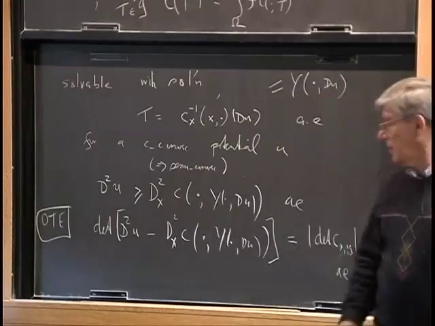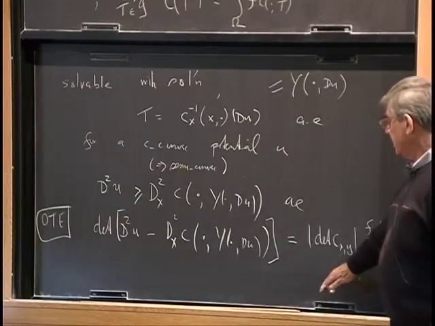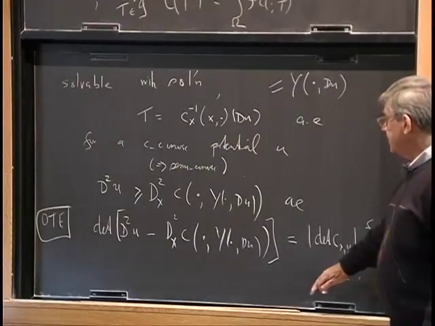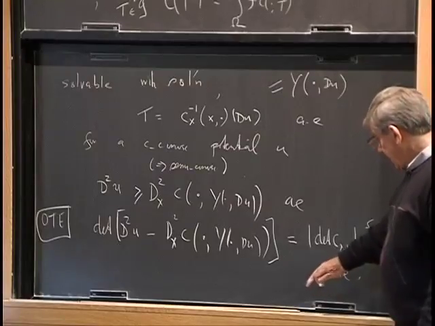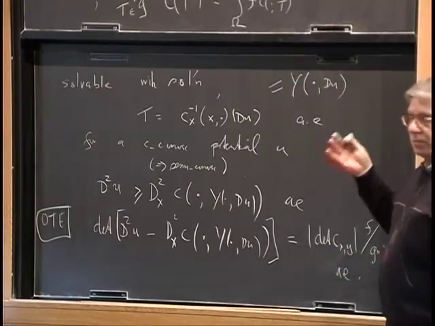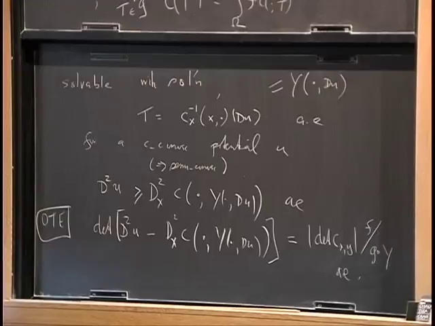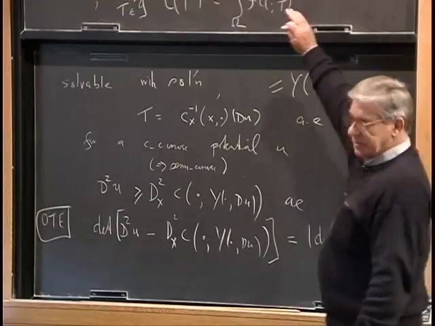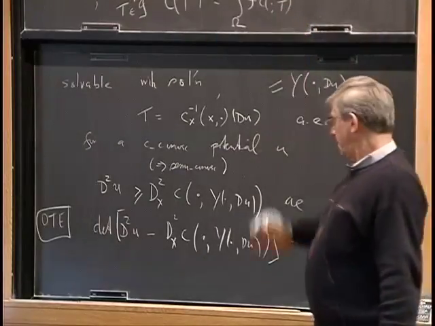You can show this simply by approximating by mollifiers, and then using the fact that the Hessians of the mollifiers converge a.e. to the Hessian of the function, and then show that the measure preserving condition is preserved in the limit.